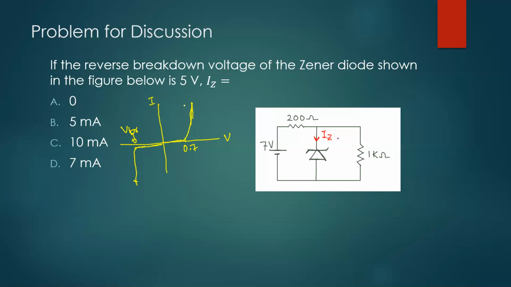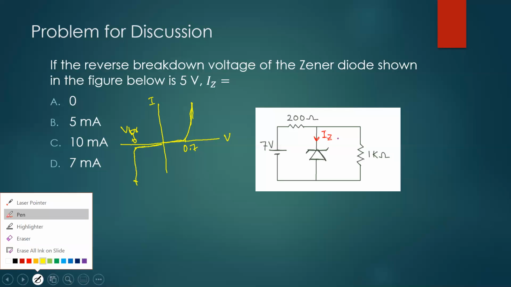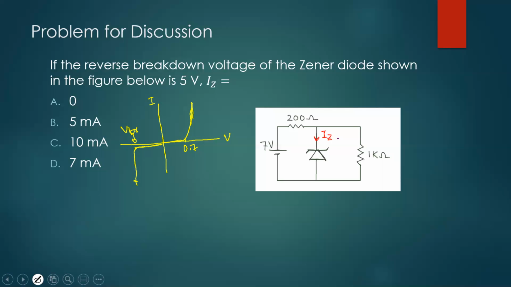So when the question says the potential difference across the Zener diode is 5 volts, that 5 volts is maintained there. These two points are at the same potential, so the current through 1 kilo ohm would be 5 by 1 kilo ohm, that is 5 milliamperes.